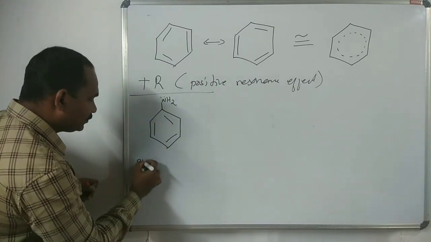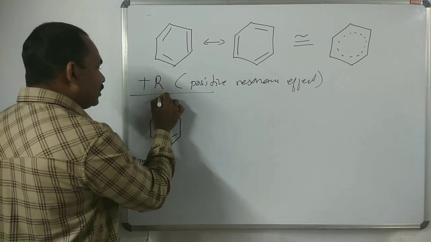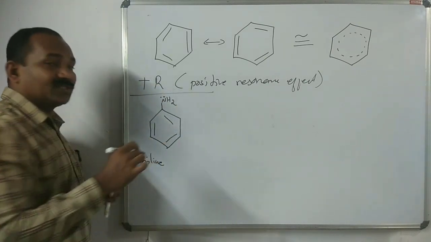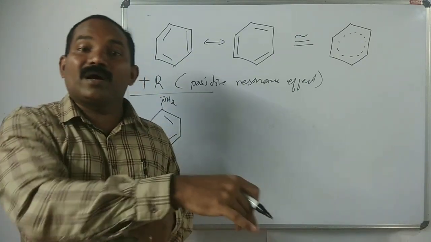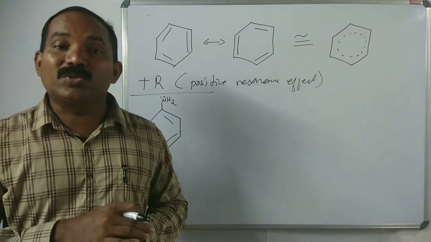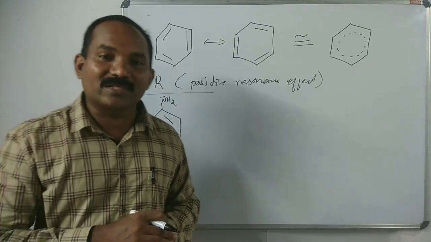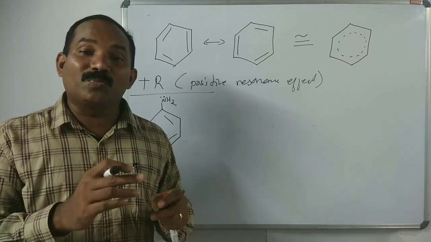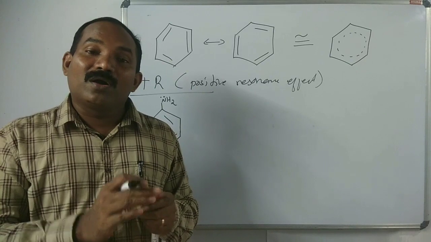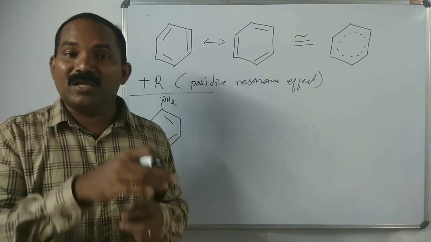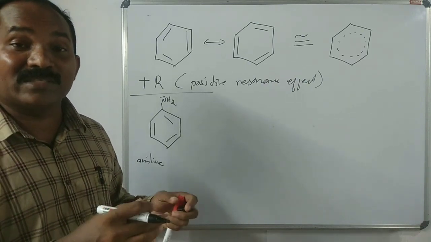This one is aniline, you know that. Here, an atom or group of atoms gives the electron pair to a pi bonded system or a conjugated system. What is a positive resonance effect? An atom or group of atoms attached to the conjugated system or pi system is called a positive resonance group, and the effect is called a positive resonance effect.